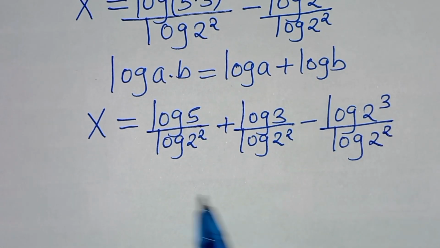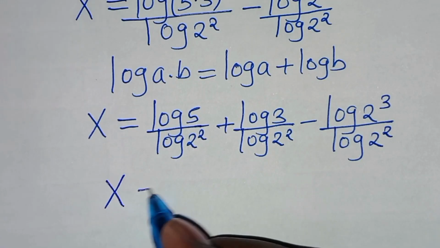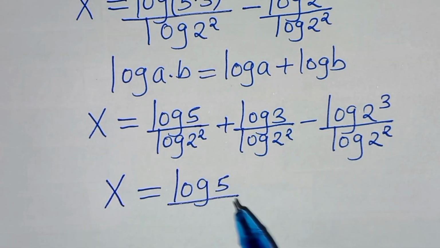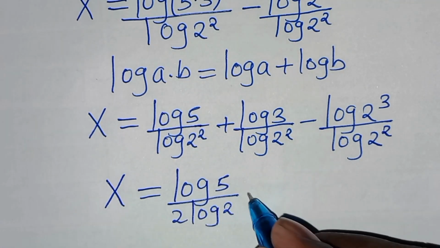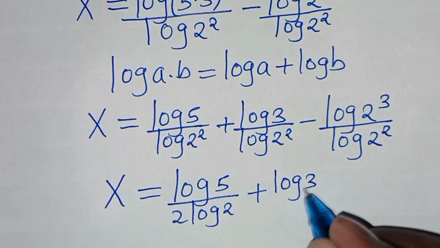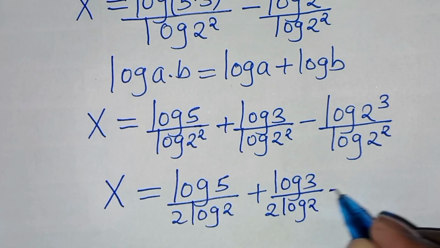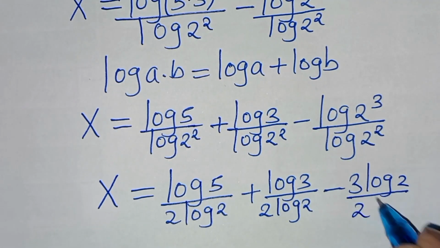Now from here, applying the power rule property, we can express x equal to log 5 divided by 2 log 2, then plus log 3 divided by 2 log 2, and then subtract 3 log 2 divided by 2 log 2.